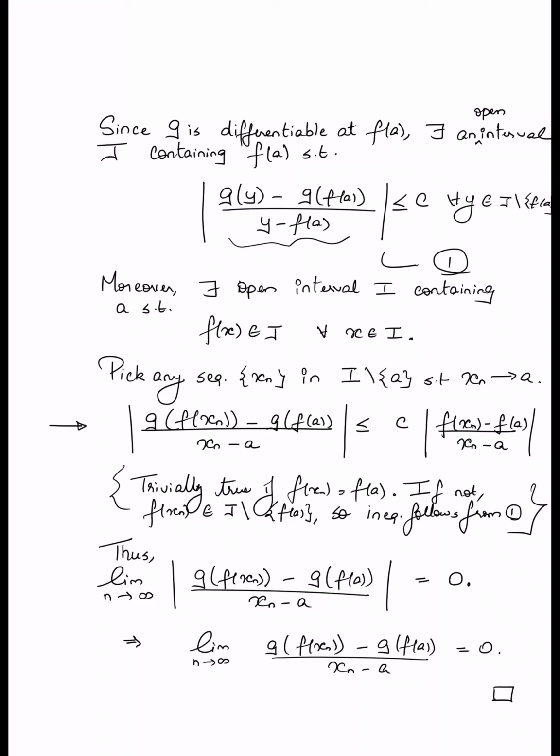Because I contains a. So for any such sequence, we have shown that this new sequence must converge to 0, which in turn implies that the composite function has a derivative of 0 at a. Okay, so that completes the proof of the chain rule.